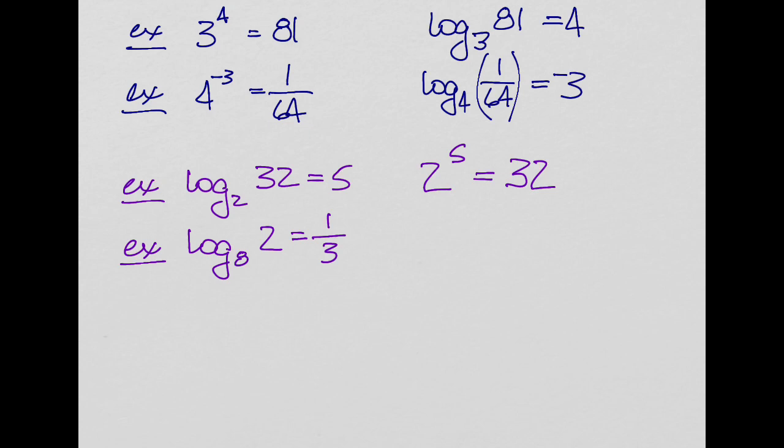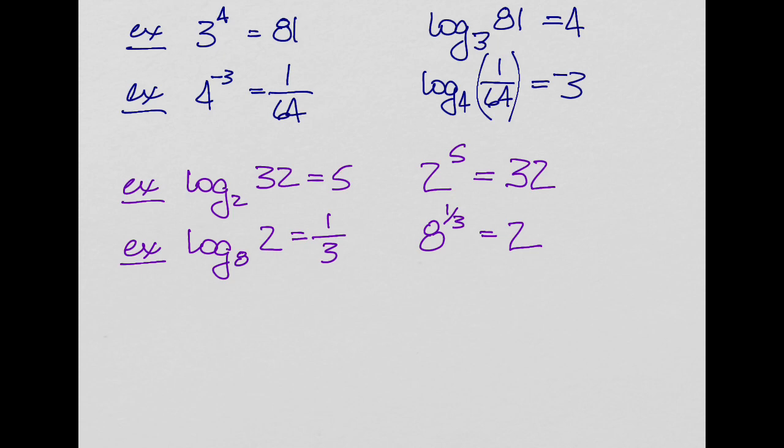And then let's see. I have log base 8. And if you read it that way, log base 8, you've kind of told yourself already what the base is. Log base 8 of 2 equals 1/3. My exponent is 1/3. And 2 is my other number over here.